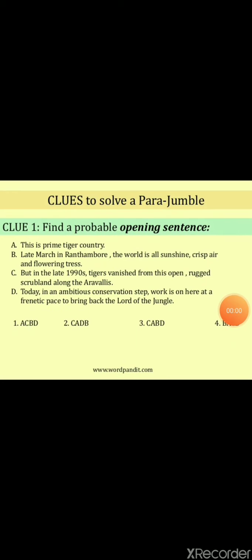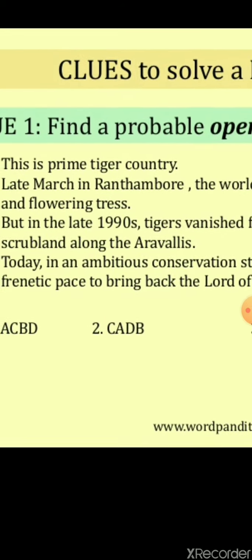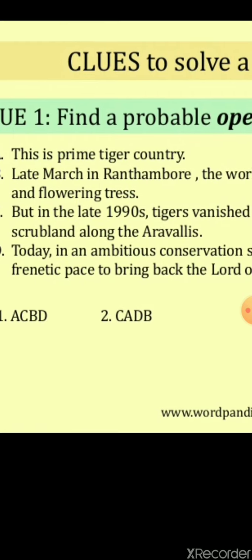Some technical clues to solve a parajumble. Clue number 1, as I shared with you: find your opening statement. The opening statement will never start with pronouns, and never with conjunctions such as because, so, but, yet, another. You need to be very particular and cautious. This is prime tiger country, late March in Ranthambore.